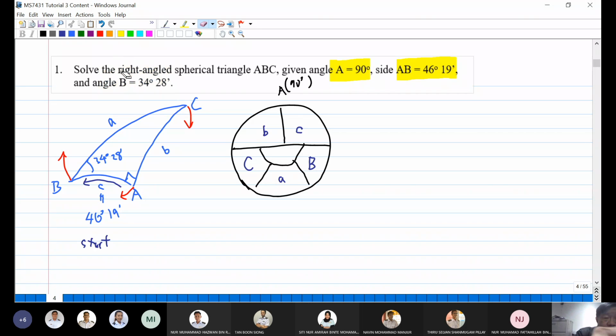So let me erase all this color and show you how this thing is used here. I'm going to start with c first. So c is the yellow color here. So c goes first. Then the B, blue color. Then the a, green color. Then the angle C, orange color.